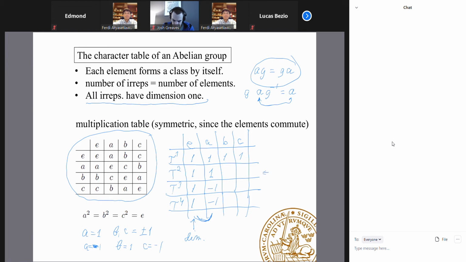So we have -1 and -1 because of the orthogonality. And the rest can be easily filled in. So this has to be 1, then this should be -1, and this is -1 and 1. So this is the character table. It's quite simple because it's an abelian group.